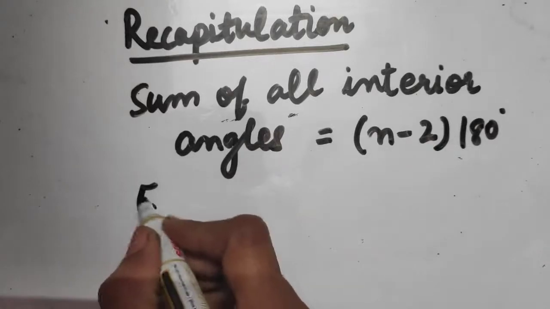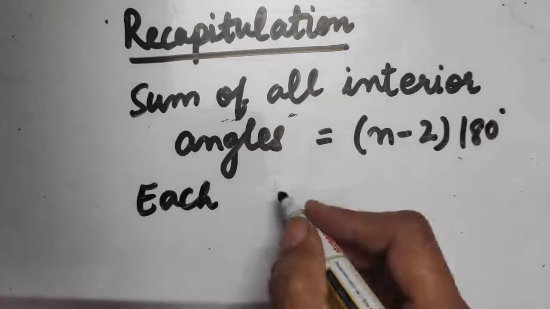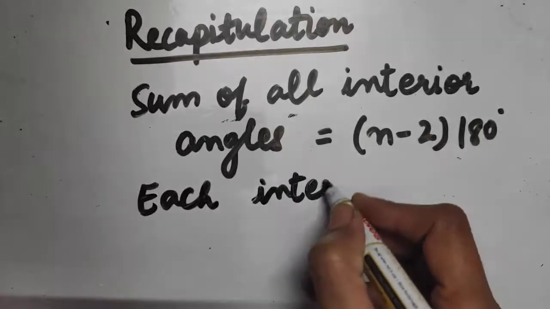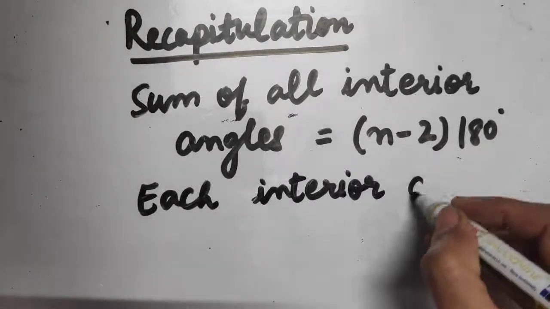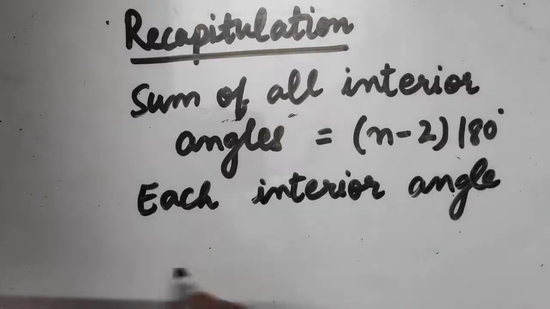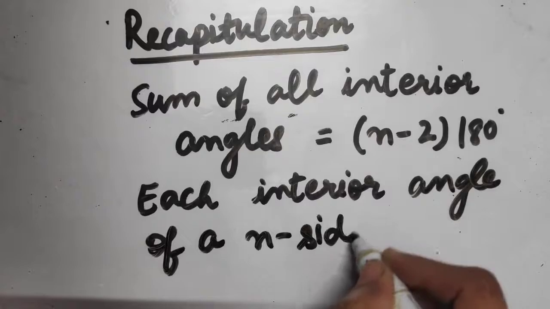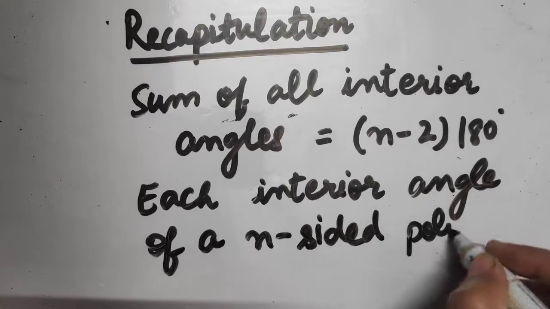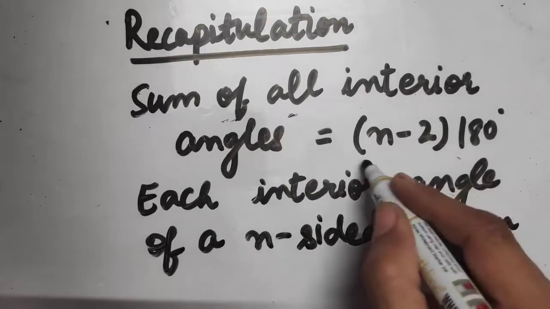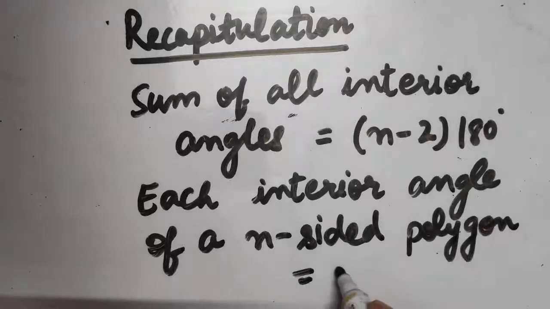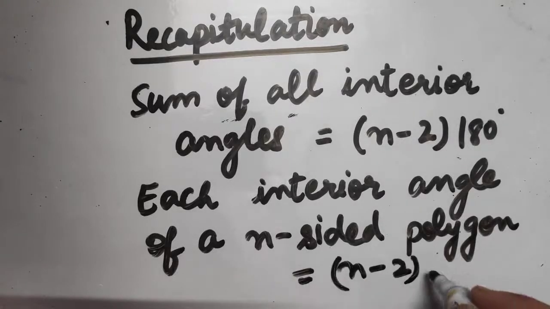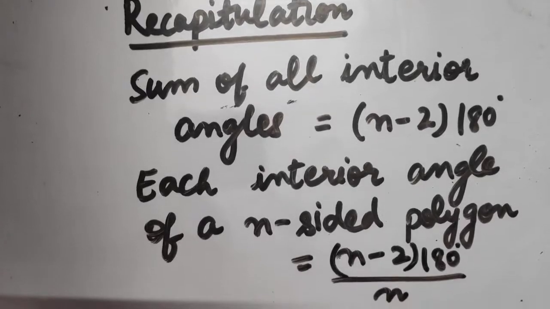If we are supposed to find the measurement of each interior angle of an n-sided polygon, then this formula is to be divided by n. So it will be n minus 2 into 180 degrees divided by n.